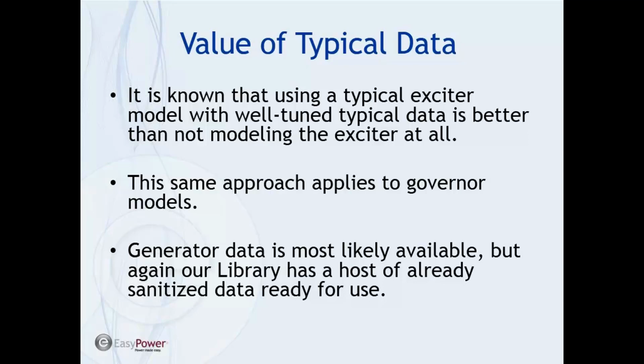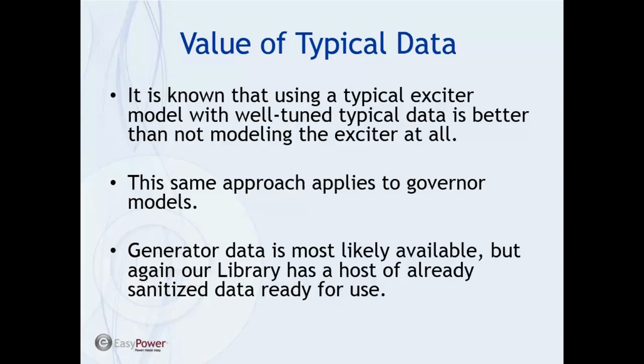An excitation system, or the AVR, is tuned out in the field when it's commissioned. It's tuned to meet IEEE overshoot criteria, for goodness sake. I mean, they're not just going to walk away from the generator and not tune the excitation system. Well, I will have to admit, I measured one where somebody by accident walked away and didn't tune it, so we ended up tuning it for them.